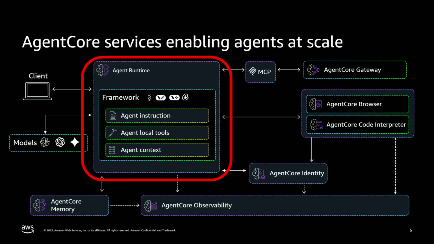And then you use the gateway for tooling, extending it. And you use memory to provide a consistent user experience. And then you connect it to a model of your choice. So that's what the architecture looks like in general. And then the red part in the middle is what we are going to deploy. And we are going to do it live with a demo.